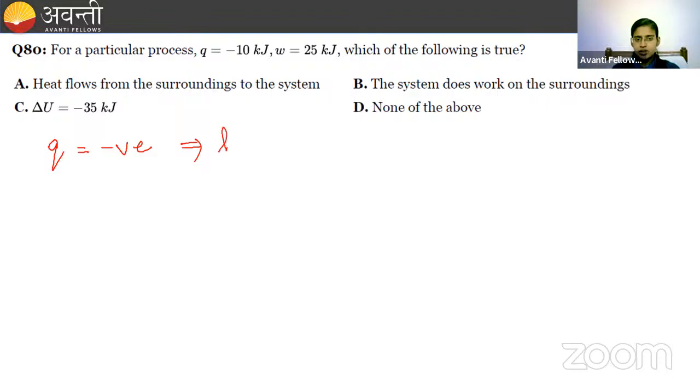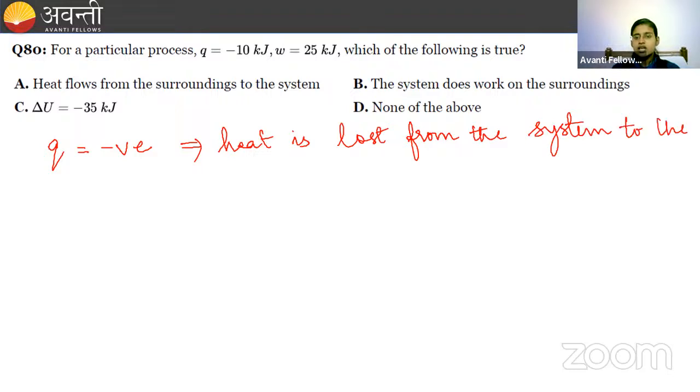If Q is negative, it means that heat is lost from the system to the surrounding. And the W value is given in positive terms.